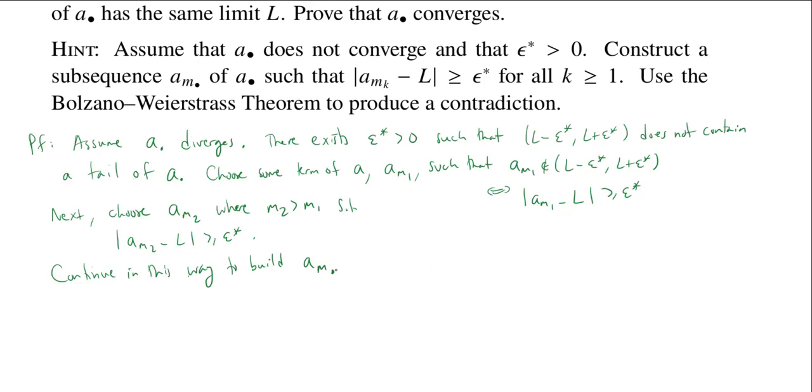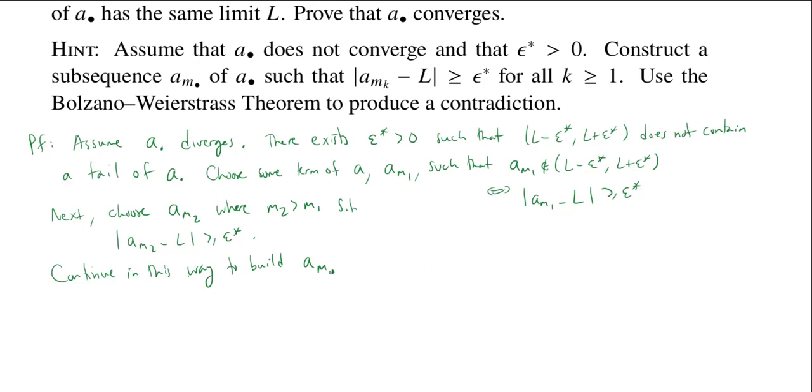At each step, I'm going to choose some new term in A which is not in the L coin of radius epsilon star, which again is possible because this L coin does not contain a tail. If at any point you say, no, from now on everything's in there, well, look, you just found a tail which is contained in the L coin. So we build this A_M dot.